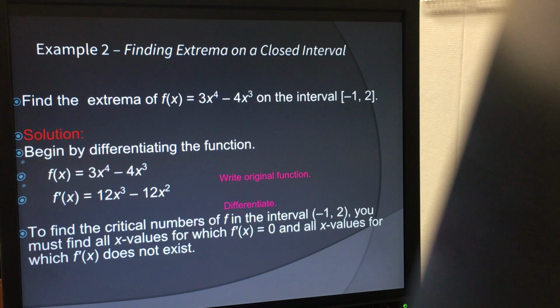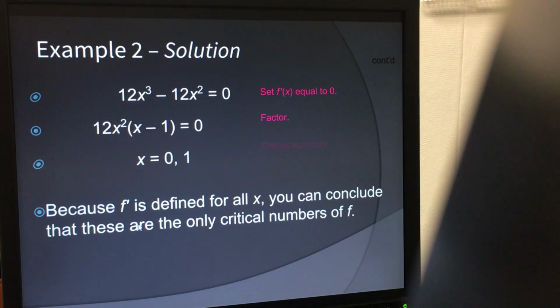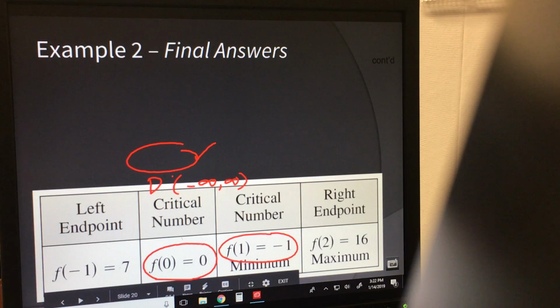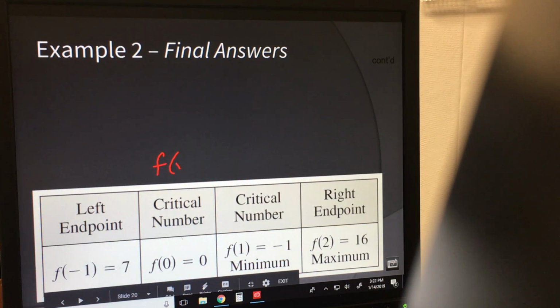So going back, take note the function is 3x^4 - 4x^3. Plugging in 0 into the function will give us 0. Plugging in 1 into the function will give us -1.